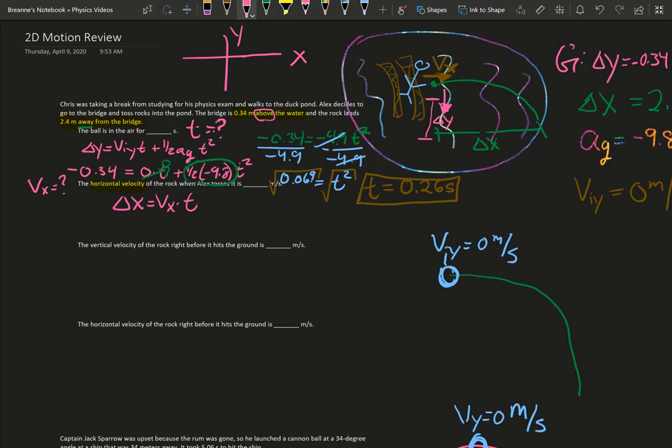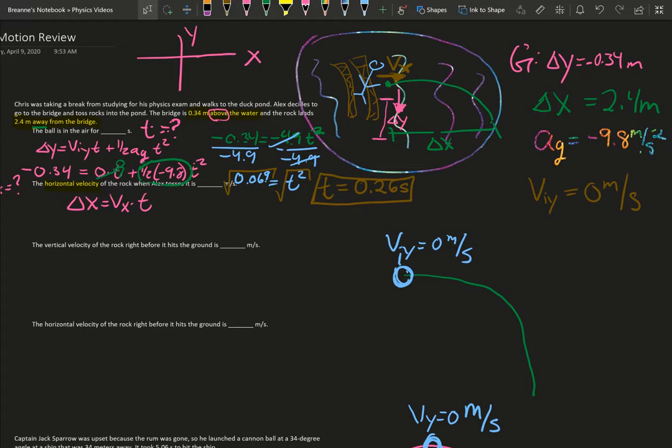So now we just plug in. We know delta x is in our givens, so we know it's 2.4. We're looking for Vx, and we just solve for our time. Now we need our Vx by itself. So this is being multiplied, so the opposite of multiply is divide. And what you do to one side, you gotta do to the other.